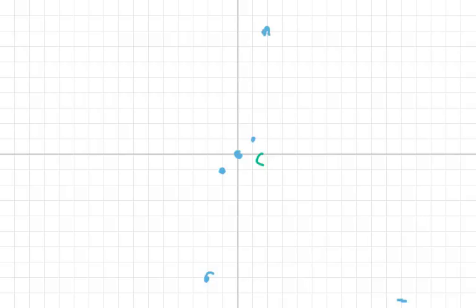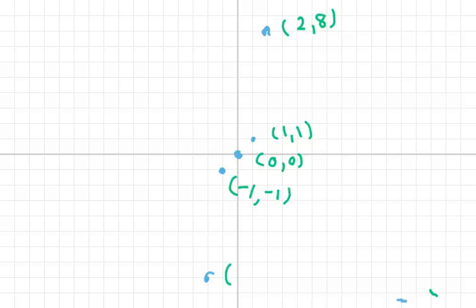I have 0, 0, 1, 1, 2, 8, negative 1, negative 1, and negative 2, negative 8. And there's my values.